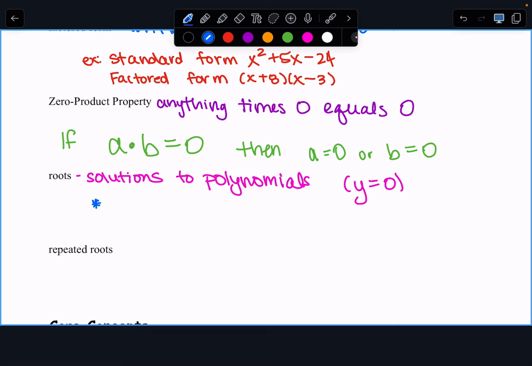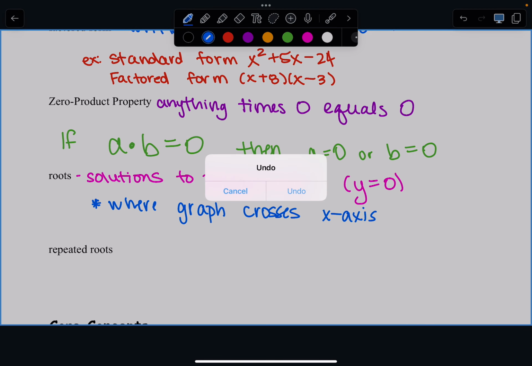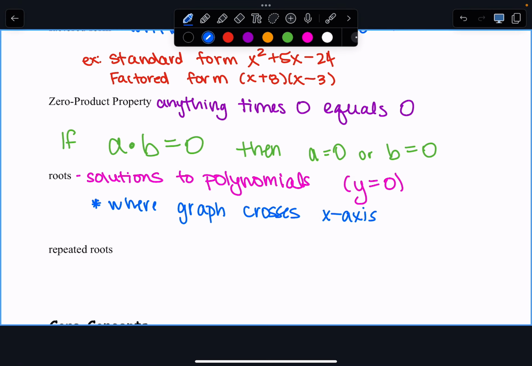So our roots are actually where our graph crosses the x-axis. Okay, so when I ask you to find roots, I'm asking you, hey, where does this polynomial cross the x-axis?